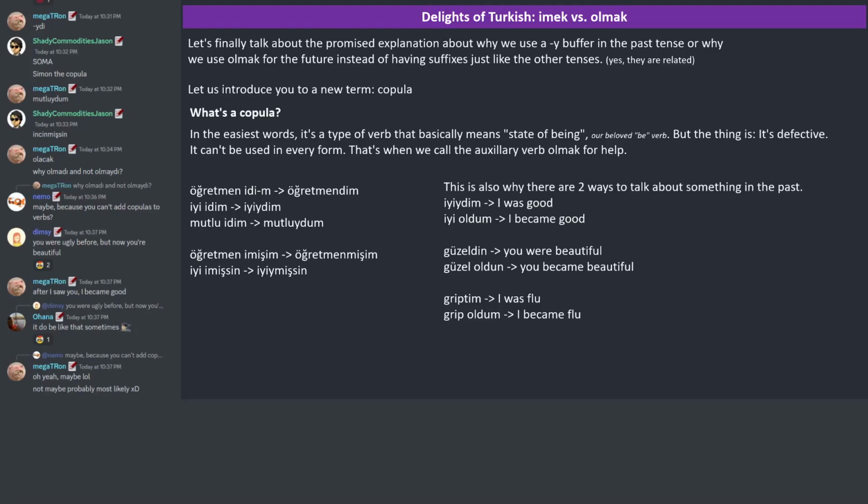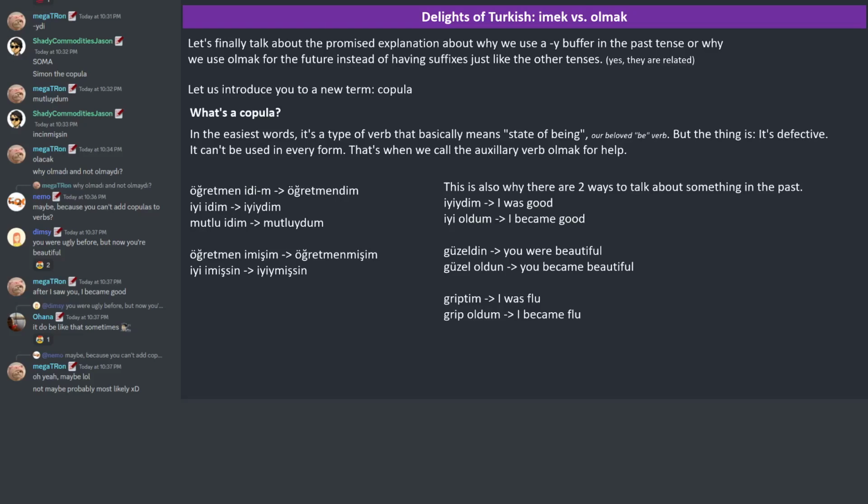Okay. And about the question, why olmadı but olmaydı? That's because the copula is not used in the future. The copula is used for to be things. Olmak is a regular verb. We use the copula with nouns or adjectives.